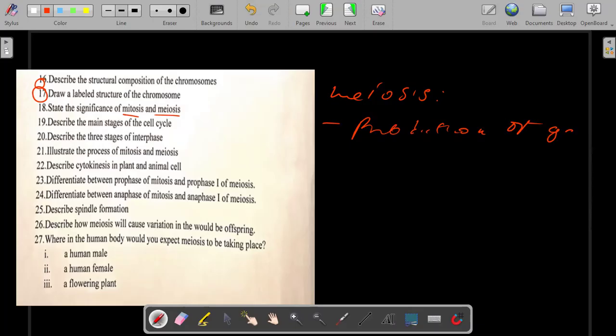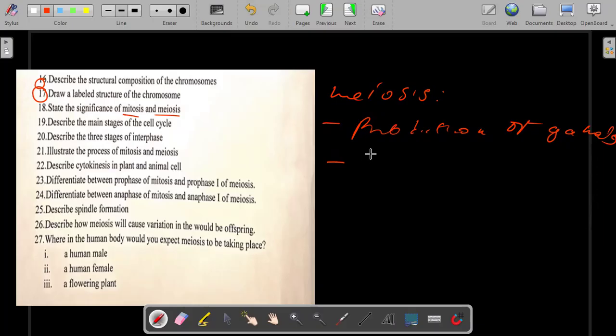The sex cells are the ovum and the sperm. These gametes are going to have half the number of chromosomes. They are haploid cells. The other significance of meiosis is maintenance of a constant chromosome number from one generation to the next after fertilization.